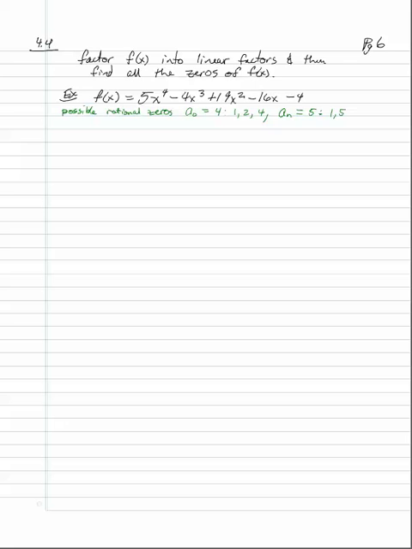So my possible rational P over Q is going to be 1 over 1, 2 over 1, 4 over 1, and then I'm going to put them all over 5. 1 over 5, 2 over 5, 4 over 5. And then you have the plus minus for all of them. Okay? So that's where we're going to start.